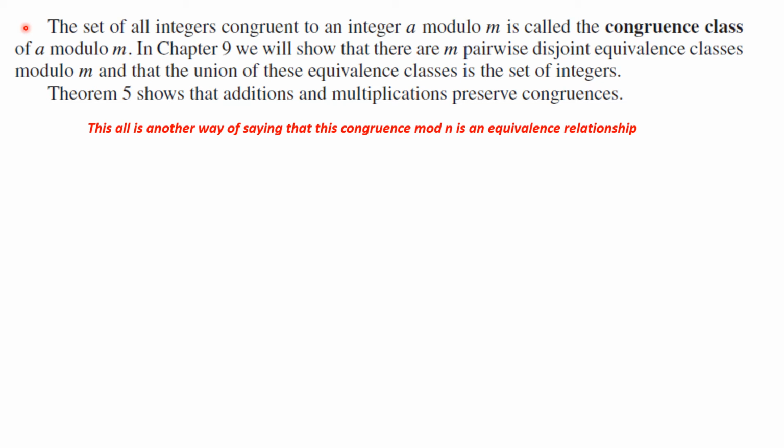And if a is congruent to b mod m and b is congruent to c mod m, then a is congruent to c mod m. So it's reflexive, symmetric, and transitive. That makes it an equivalence relation. And so this equivalence relation induces a partition on the integers, and so there are m pairwise disjoint equivalence classes mod m, and their union is the set of all integers.